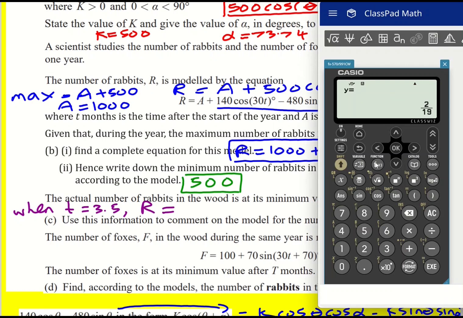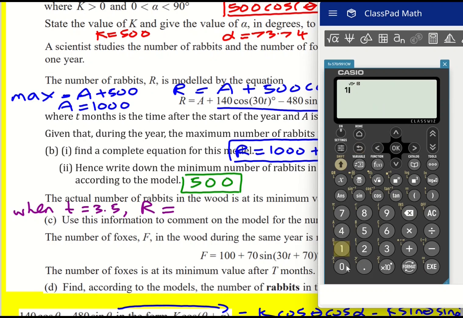My calculator is not in the right mode at the moment, so I need to go back to calculate, and then go to settings to change it back into degrees. Maybe you've already got yours in degrees. Right, then I'm going back.